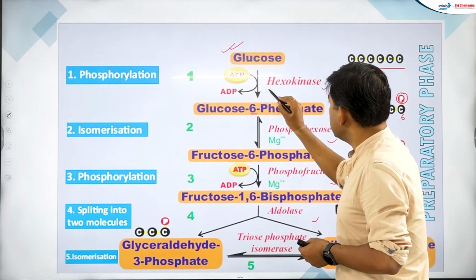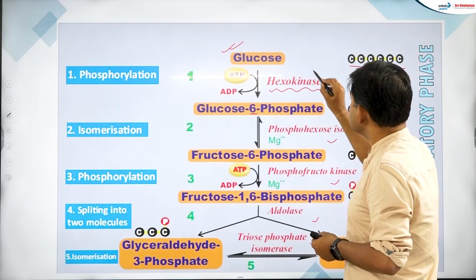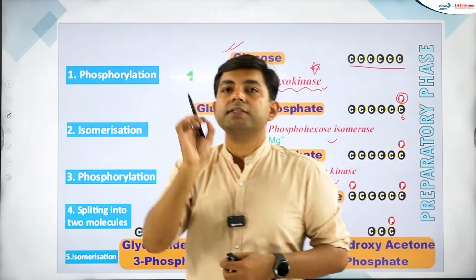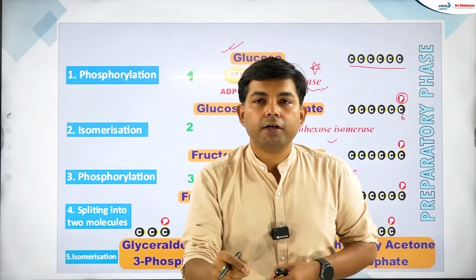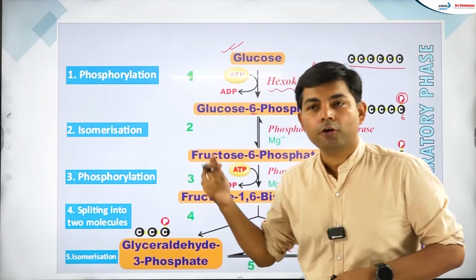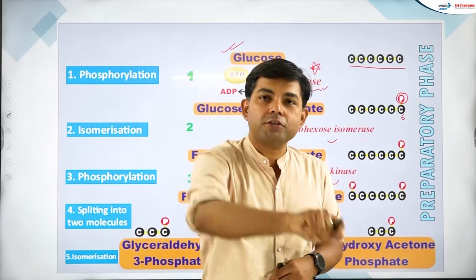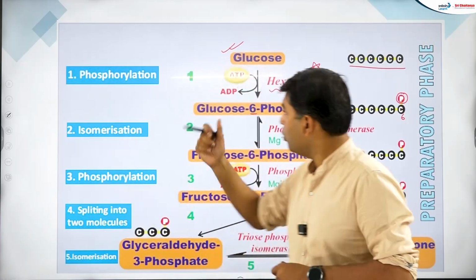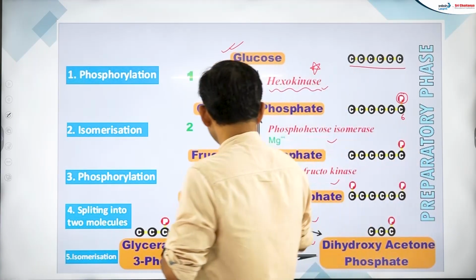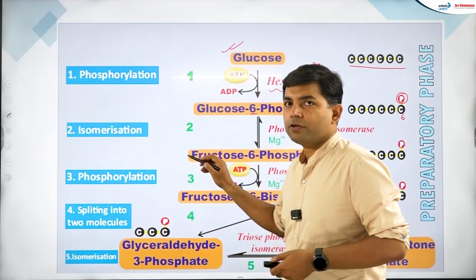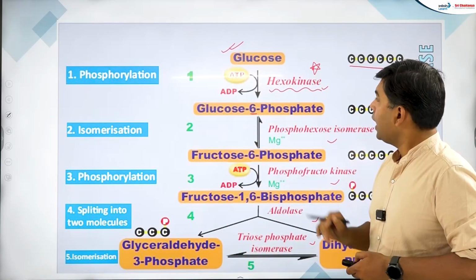And here the enzyme involved is hexokinase. Now this is very important. Many times the question is asked: glucose is converted to glucose 6 phosphate using which enzyme? Hexokinase. Fructose is converted to fructose 6 phosphate using which enzyme? Hexokinase, right? Even if fructose gets converted to fructose 6 phosphate, it is still hexokinase.